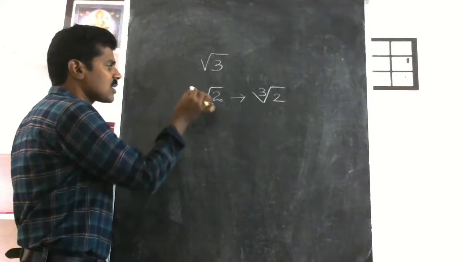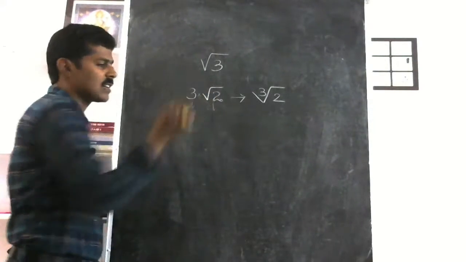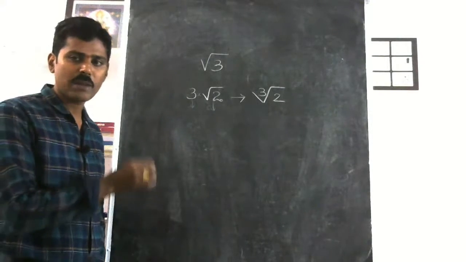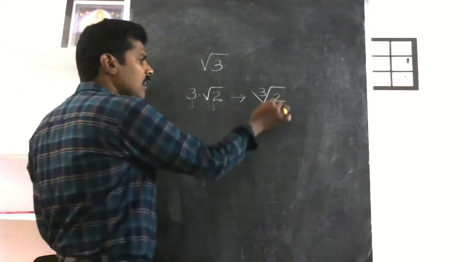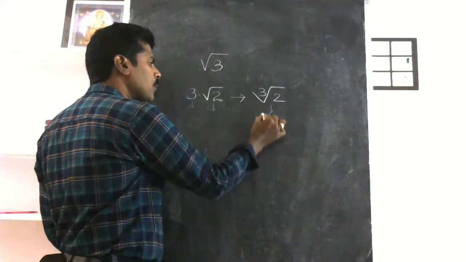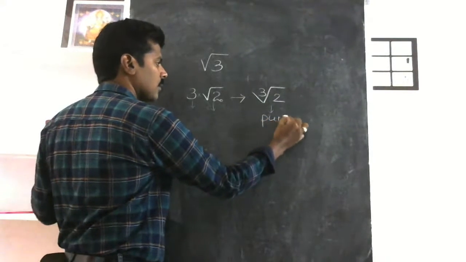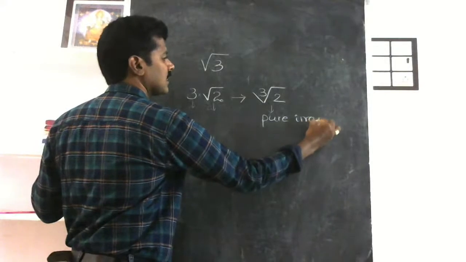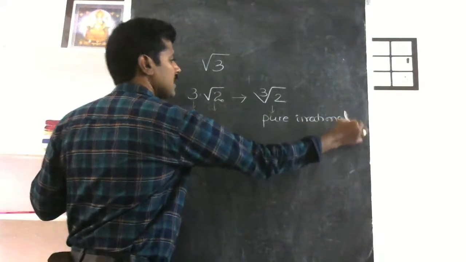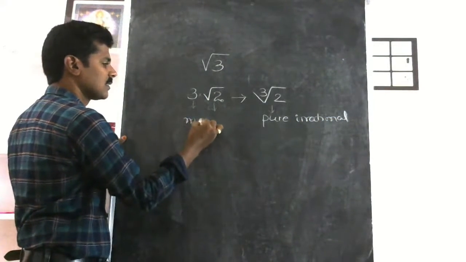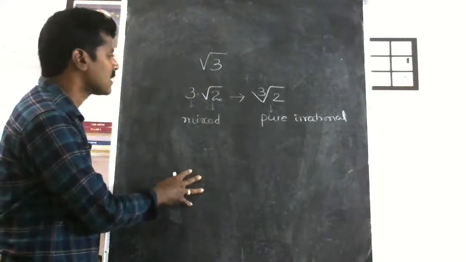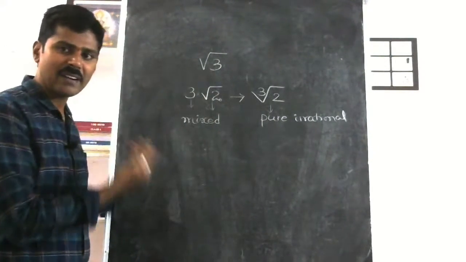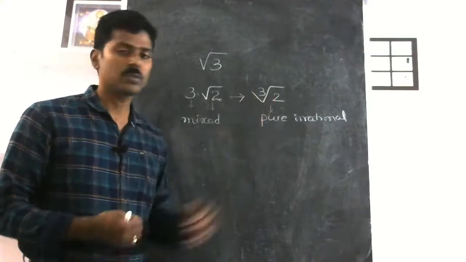Rational into irrational is called a mixed number. Here it is completely pure irrational. This is not pure, this is mixed. Hope you understand. So 3 root 2 is completely different from cube root 2.